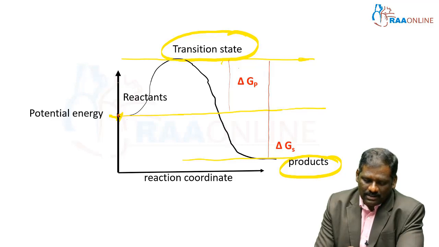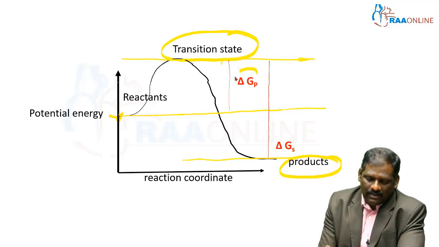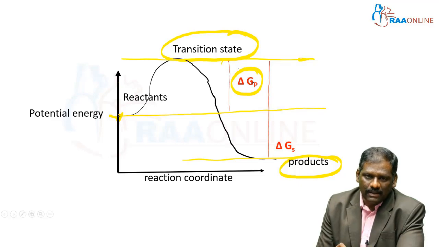The reactant energy has to get elevated to a much higher energy level called the transition state. From this transition state the product formation is favored. The energy needed to raise the reactants from the normal state to the transition state, the difference between these two, we call delta Gp.